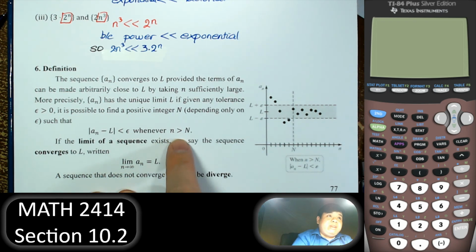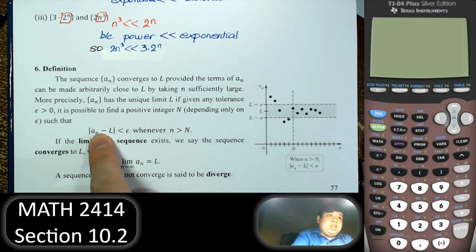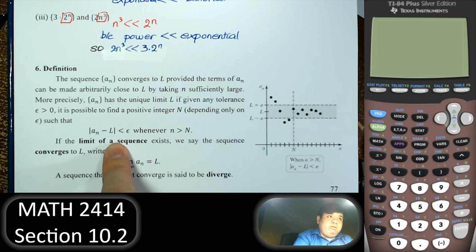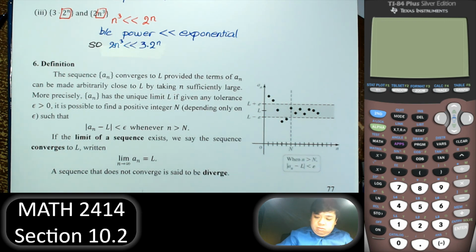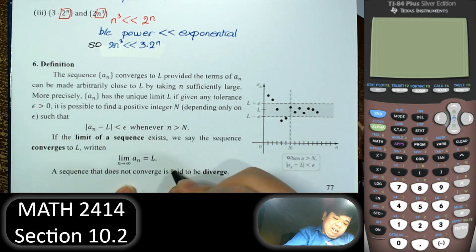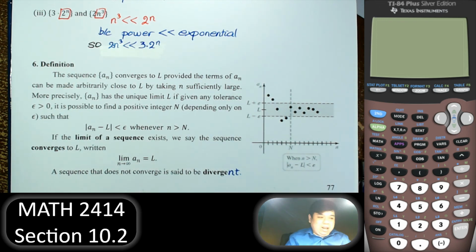That's why we have n greater than N. That means if n is big enough, the sequence is close enough to the limit value. And if the limit does not exist, we say the sequence diverges. If the sequence does not converge, we say it is divergent. Just grammar.